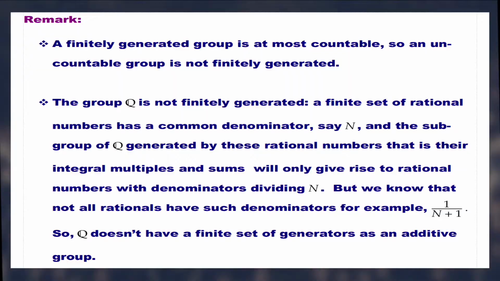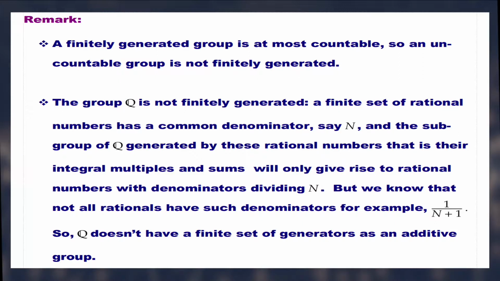Some remarks on finitely generated groups are as follows. A finitely generated group is at most countable, so an uncountable group is not finitely generated. The group of rational numbers Q is not finitely generated.